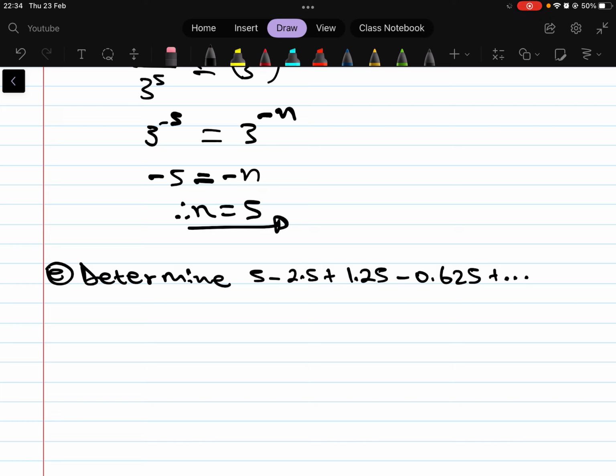So what you can pick up from here is that this series continues to infinity. Therefore the only way to determine this is to use the sum to infinity. But if you are going to be using the sum to infinity, you must be sure that this is actually a geometric series. To make sure, like I said before, you just take a term and divide by the previous one.